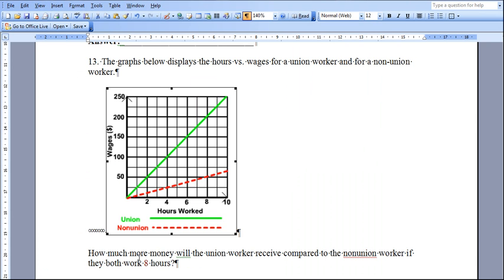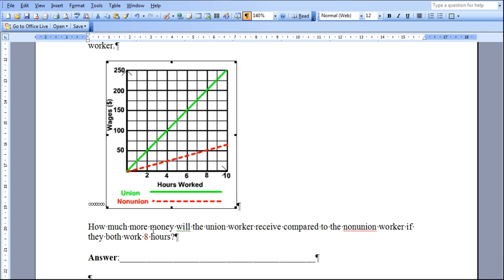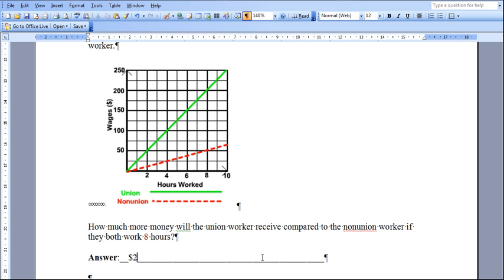And the question was, how much more money will the union worker receive compared to the non-union worker? So the answer has to be $200 minus $50.